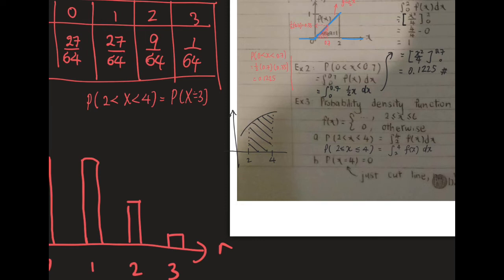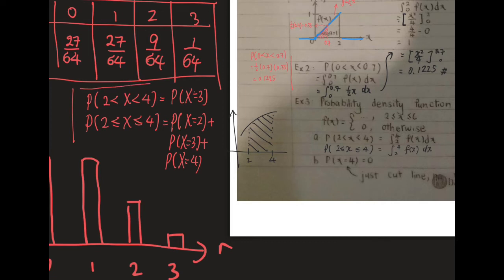But if you have 2 to 4 included, then the probability is P(X=2), P(X=3), P(X=4). So in discrete, they are different.